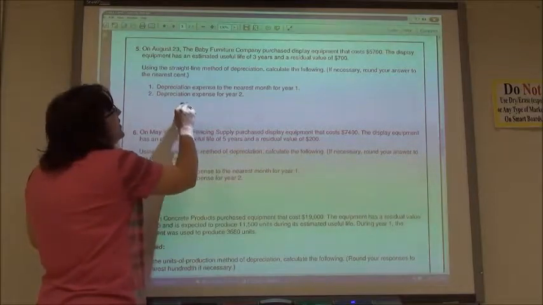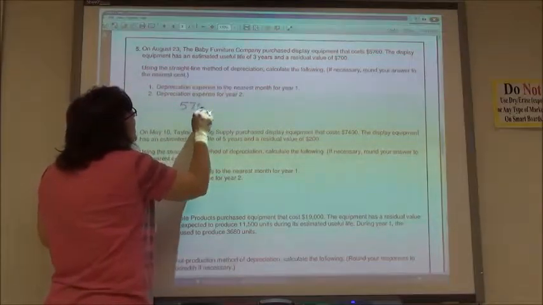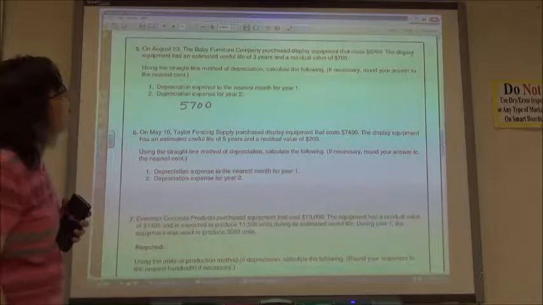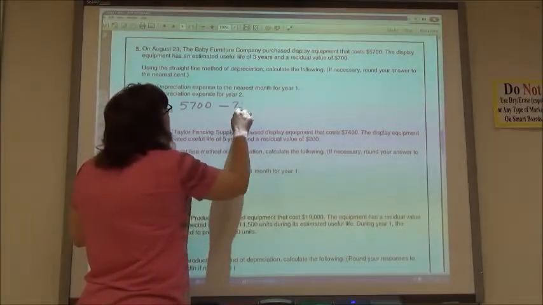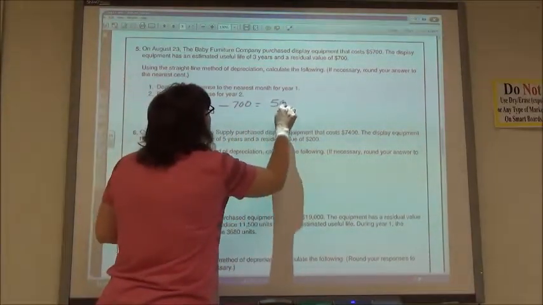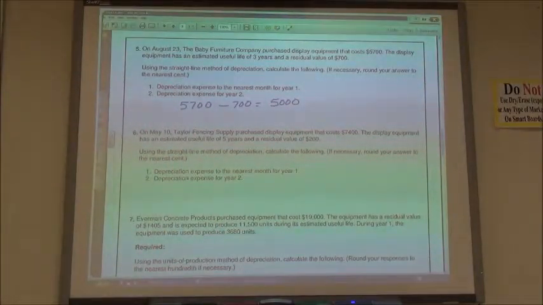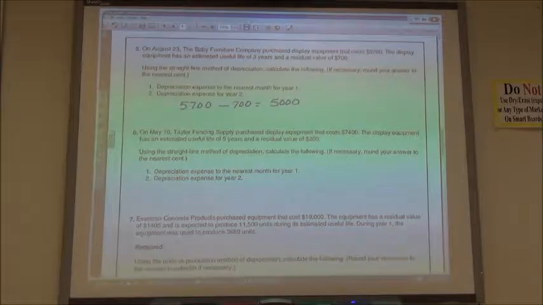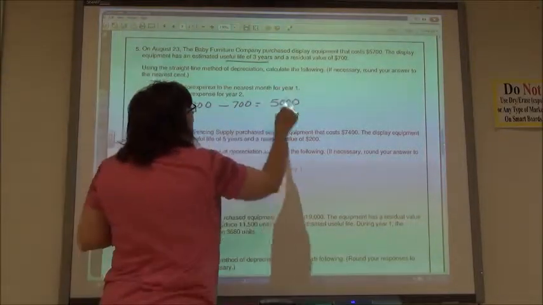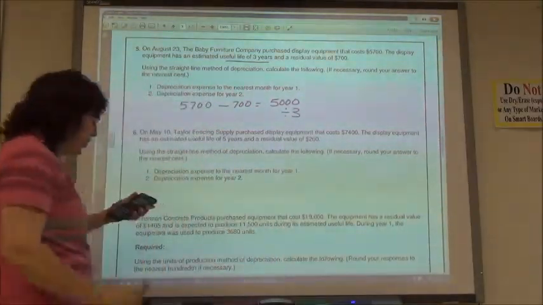So started out at $5,700. The residual value was $700, which means the total amount of depreciation is $5,000. That $5,000 is going to be divided up over the course of the useful life, 3 years.